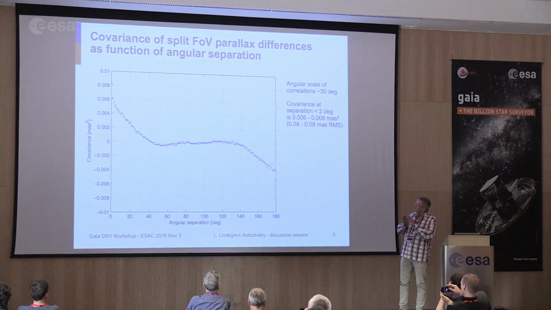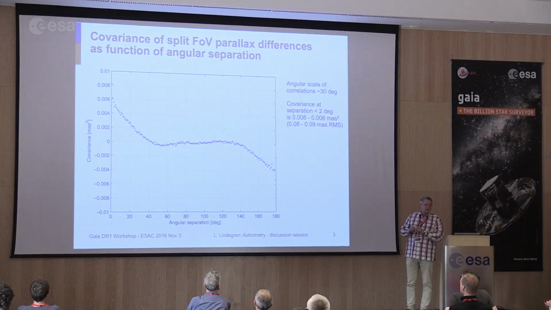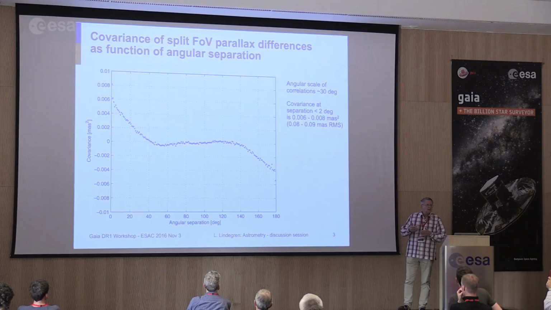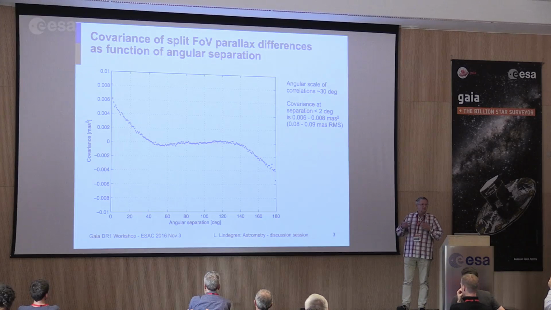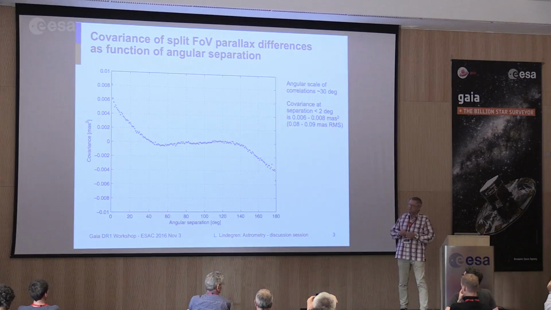For small angles, it goes up to about 0.006 to 0.008 milliarcsecond square. And that corresponds to an RMS contribution of the order of 0.1 milliarcsecond. So that is a typical RMS contribution all over the sky from this kind of systematic that was displayed in the map.